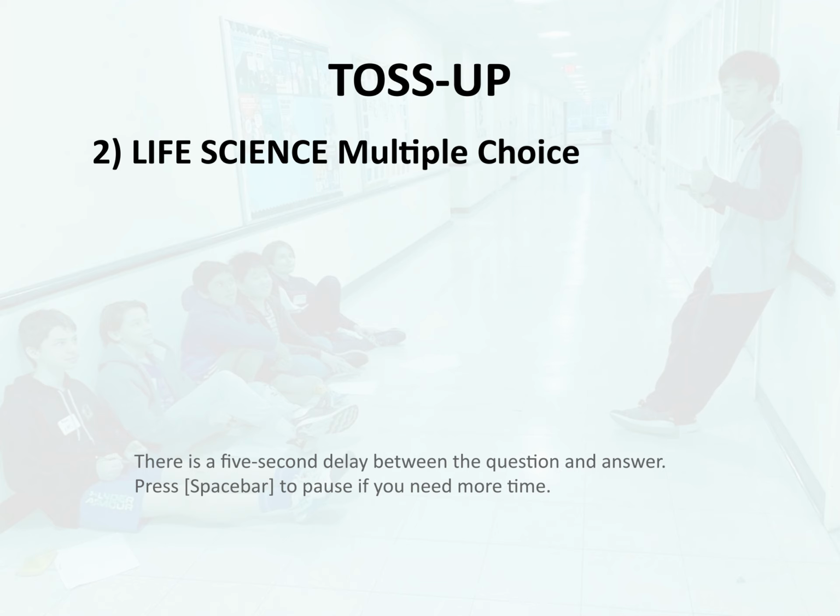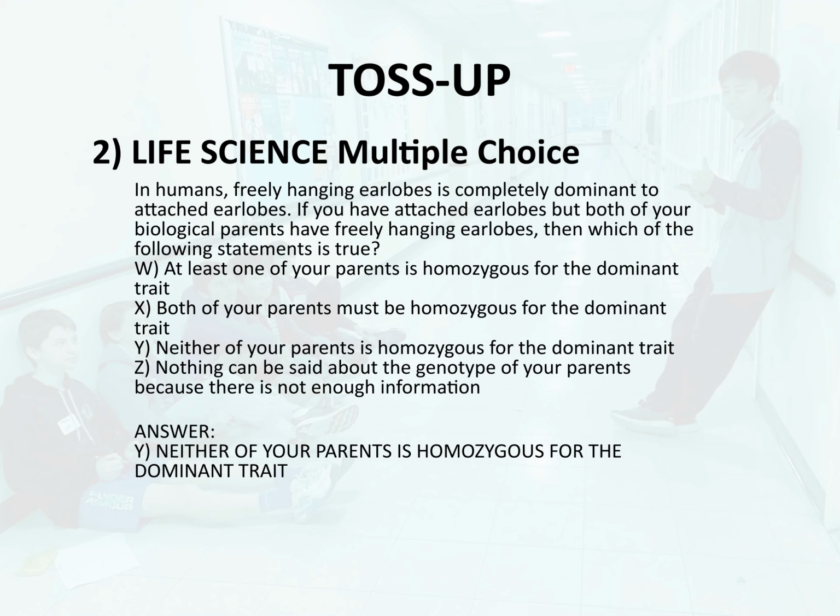X. Both of your parents must be homozygous for the dominant trait. Y. Neither of your parents is homozygous for the dominant trait. Z. Nothing can be said about the genotype of your parents because there is not enough information. Answer: Y. Neither of your parents is homozygous for the dominant trait.